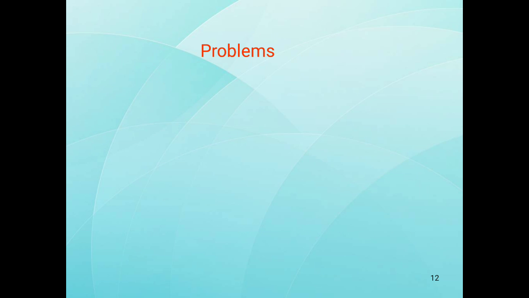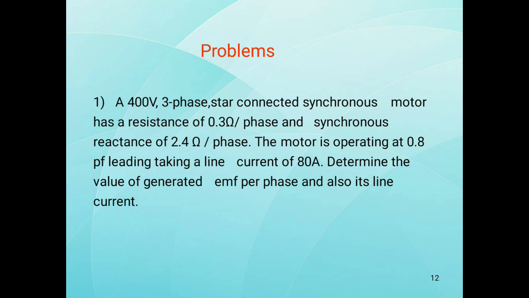Now we go for problems, small example problems. Once again, read it. A 400 volts 3-phase star connected synchronous motor has a resistance of 0.3 ohms per phase and synchronous reactance of 2.4 ohms per phase.